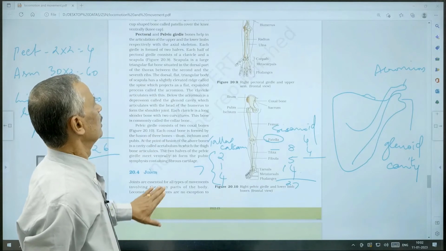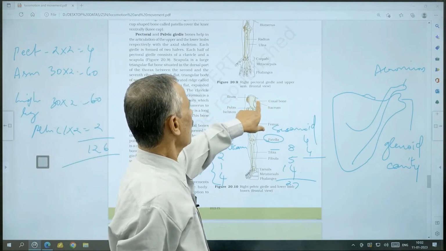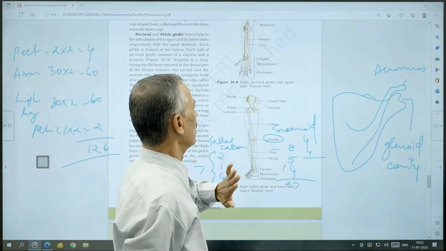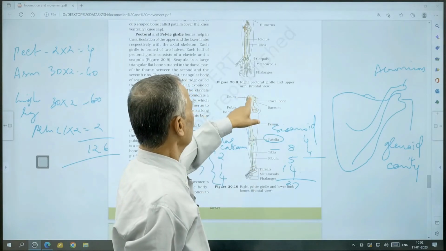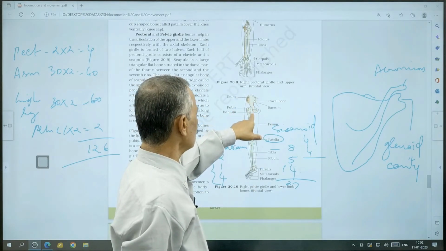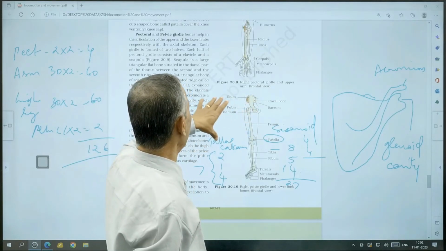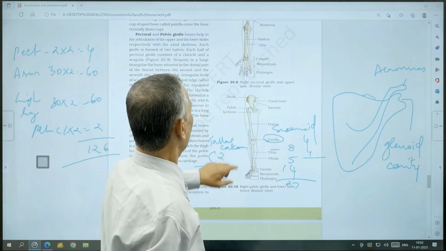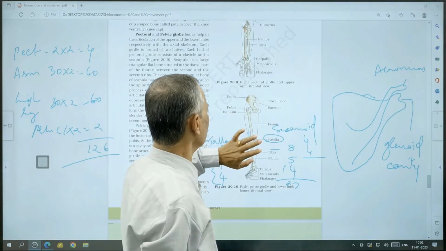Okay. Now coming to the pelvic girdle. Each half of the pelvic girdle is made up of a single bone called the coxal bone, which is completely fused with the sacrum. And the coxal bone is actually made up of 3 bones: a wing-like large outer ilium, a small ischium, and a pubis.